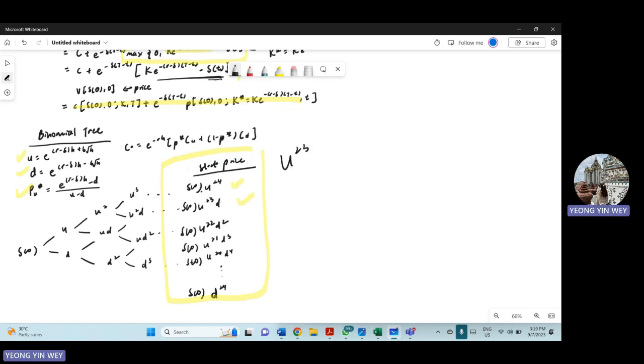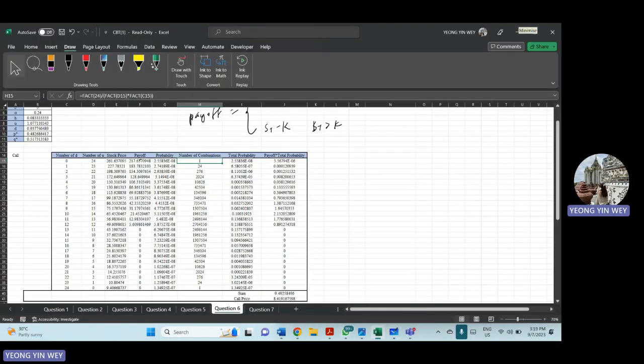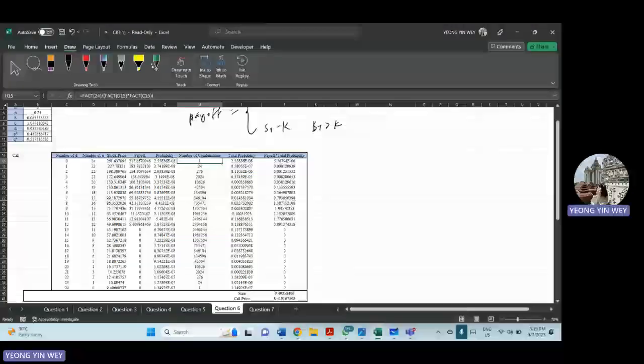For example, for U23D, the number of combinations we learned in probability is 24 factorial over 23 factorial times 1 factorial. So we will put this in a table and calculate the number of combinations for every number of D and number of U.